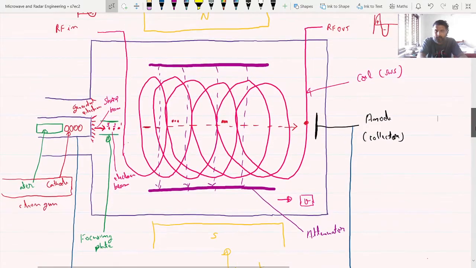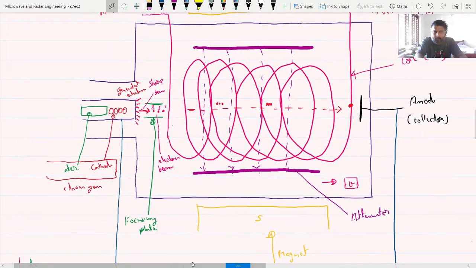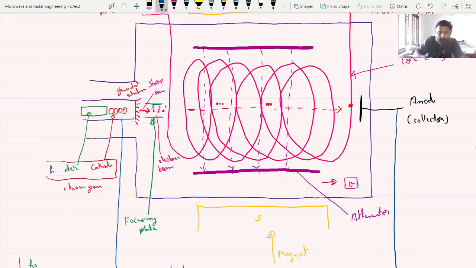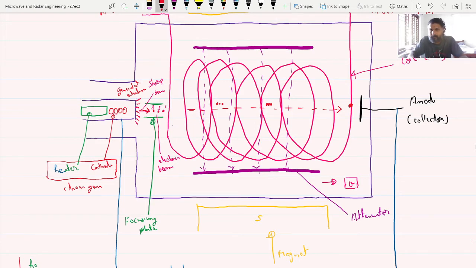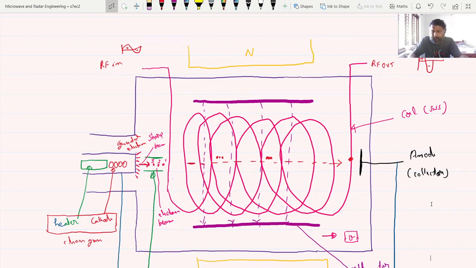Good. So as you know, this is nothing but the structure of a traveling wave tube, which I have already explained in the previous lecture. Any structure you can write, but this is only for the explanation point of view.